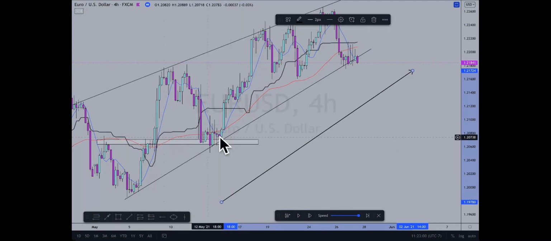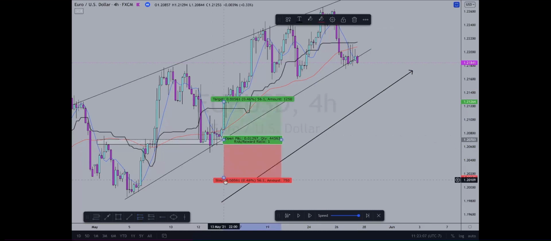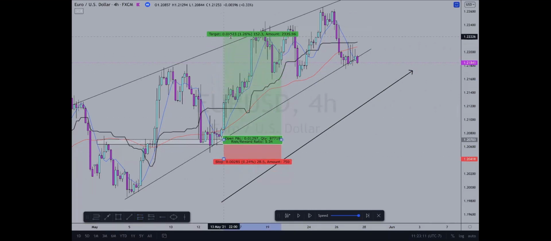You have a lot of confluence, a lot of confirmations telling you we're going up. Price did go up. So if you would have taken your buy position in this area with stops below that channel, you could target, right? That's why I love channel trading, because you can now target the top of that channel and catch massive pips.